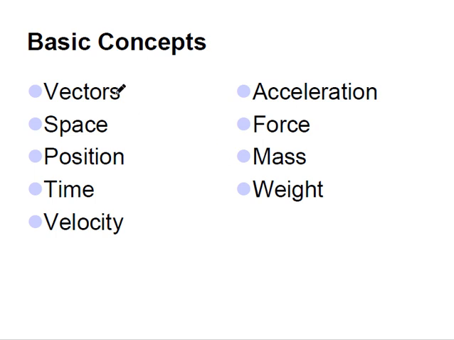So we have vectors. This vector is going to represent quantities with magnitude and direction. Space is going to describe where an object exists. So this is very existential, like there's a deeper meaning in it.